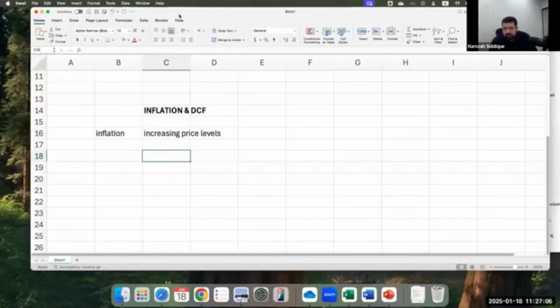That is called inflation. The prices are increasing.